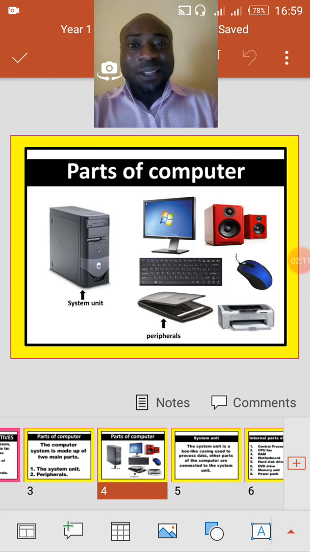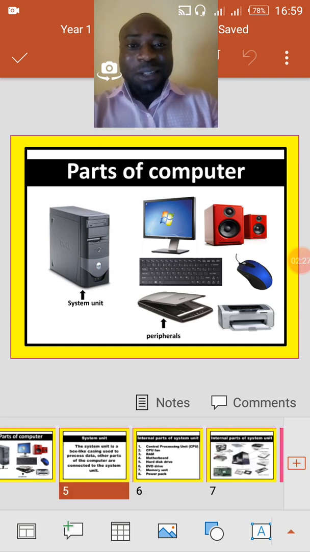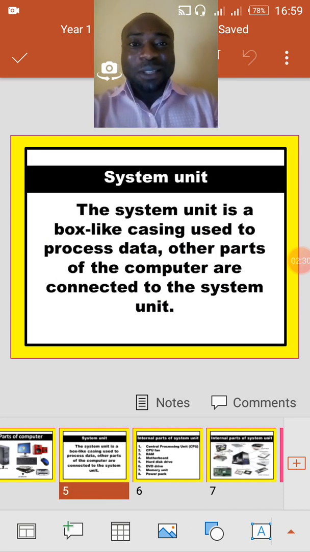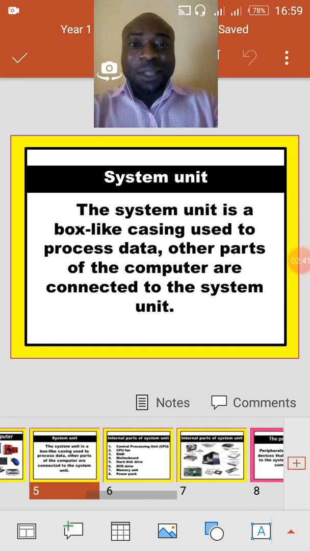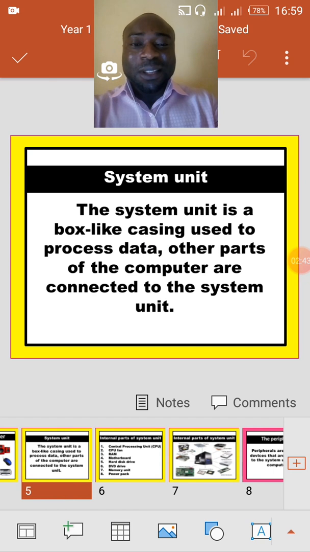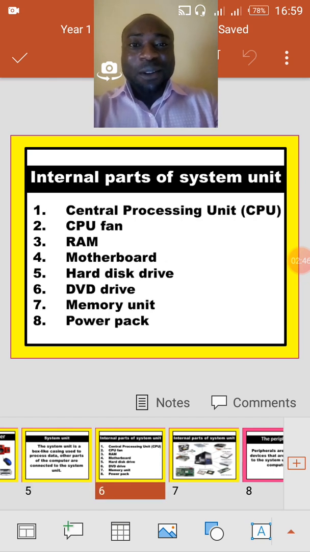That is why you see it in the picture on the screen now, that system unit is separate while other parts of the computer that we call peripherals are separate. So friends, let's take the definition of system unit again. The system unit is a box-like casing used to process data, and other parts of the computer are connected to the system unit.